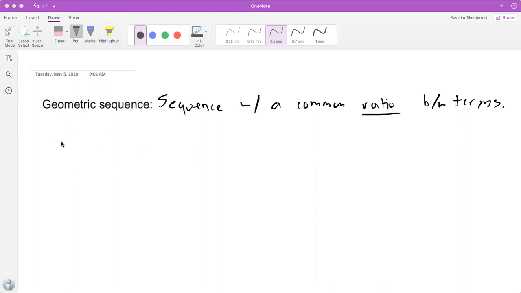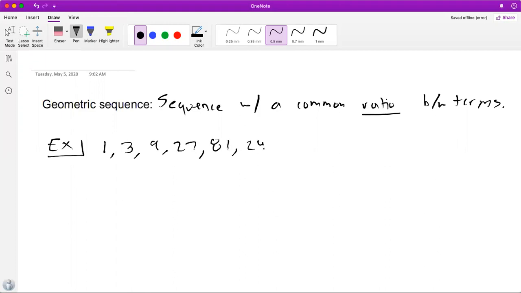So an example of such a sequence, maybe like 1, 3, 9, 27, 81, 243, and so on. Here, as before, you want to identify the first term as 1. And the common ratio, which we're going to call R, looks like it's 3, because to get from here to here, you multiply by 3.